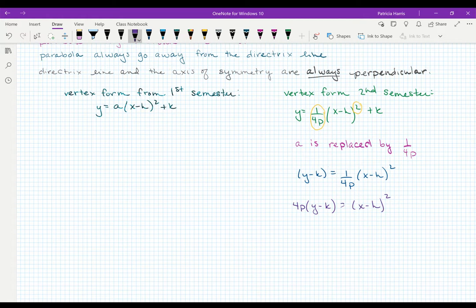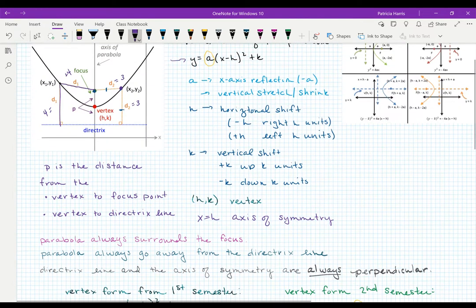Now, so let's talk about p. Go back up here. Now remember, p is the distance from the vertex to the focus point and the vertex to the directrix line. Now what's going to help us graph, and let me get rid of some of this stuff here, is if we do what's called the width of the parabola, right here.